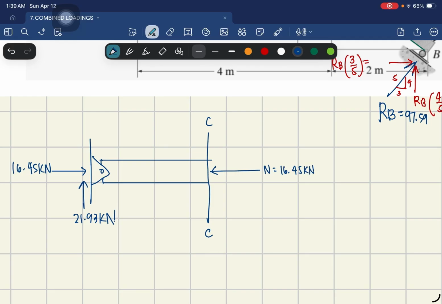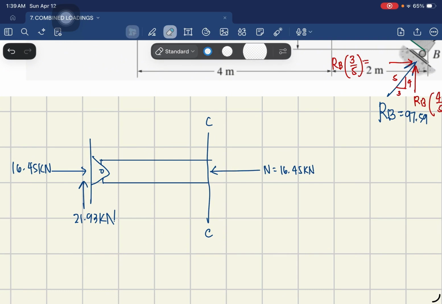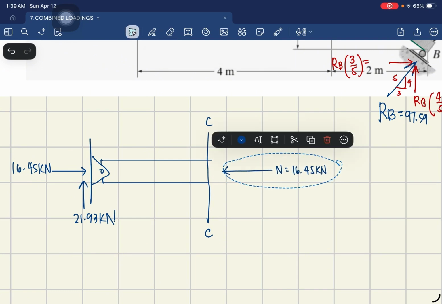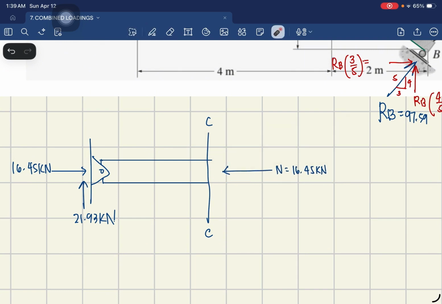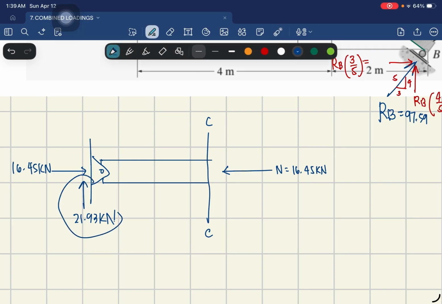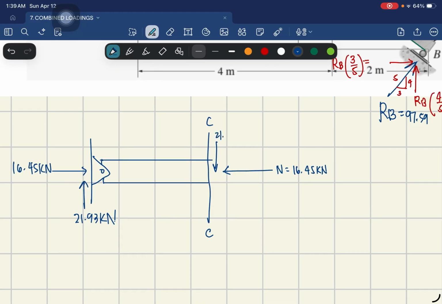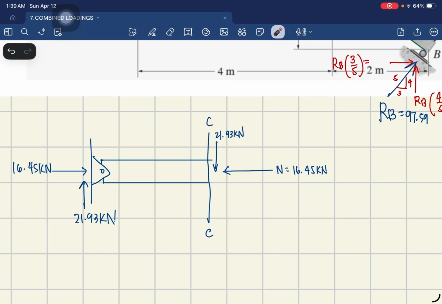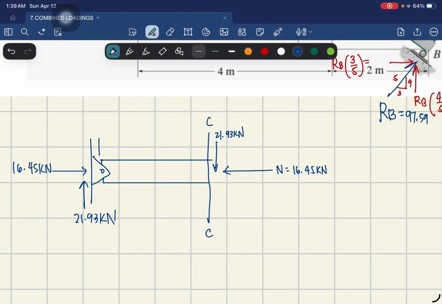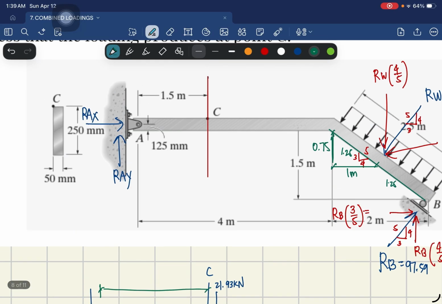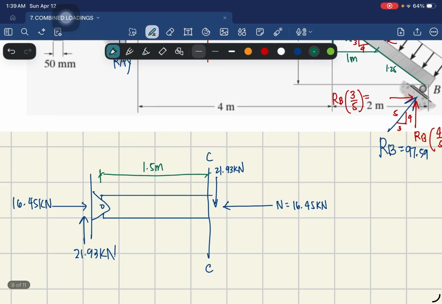Then, yung shear naman dito at point C. Yung shear natin is yung oppose niya yung vertical upward na force na to. Yung nandito sa cutting section natin is because of 21.93 kilonewton, but this time to maintain equilibrium, downward yung direction. Then for the bending moment, meron tayo dito distance ng point C sa point A na 1.5 meters.